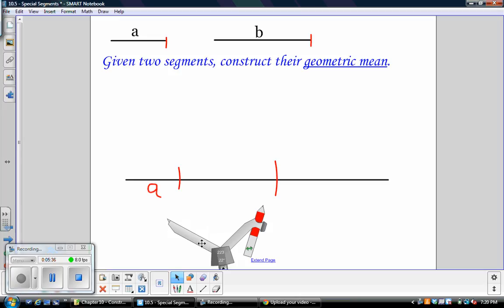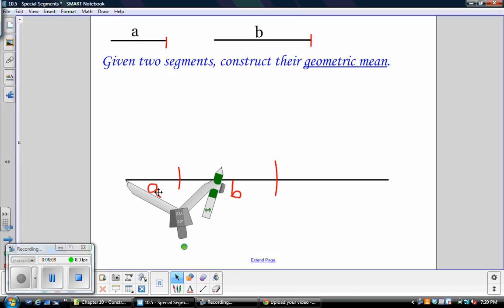Now we need to construct a semicircle where this segment A plus B is the diameter. So what I need to do is figure out where the center is. So I need to find the perpendicular bisector of this segment. So, perpendicular bisector.